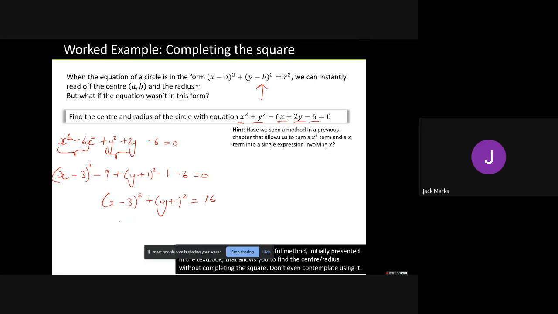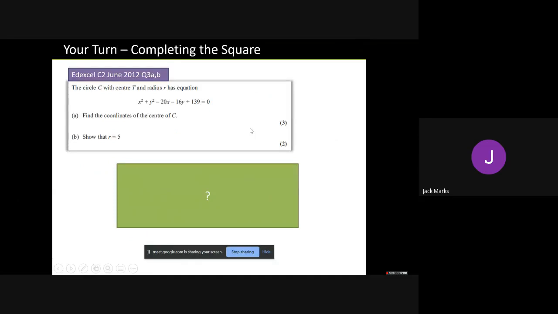So the center is 3, minus 1, as we talked about in the previous slide, and the radius is the root of this, which is 4. And there we go, that's the finished version of the question. So have a go at the same sort of question here as well by pausing the video.